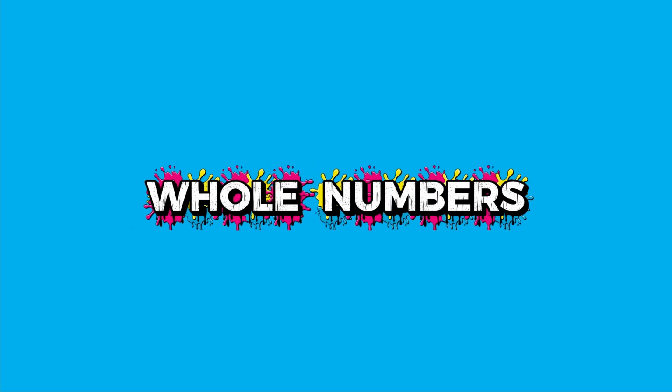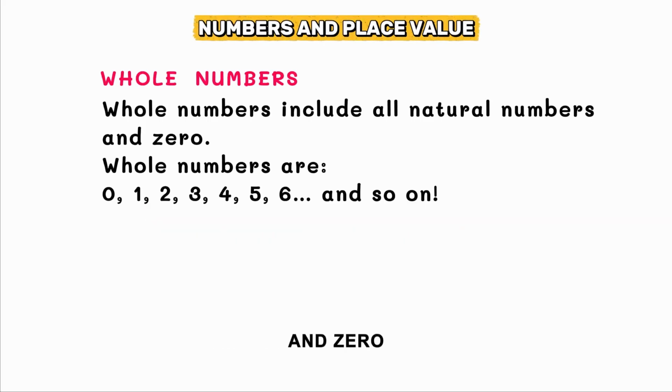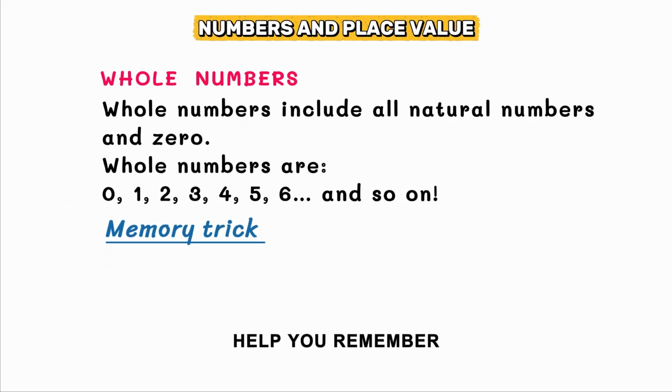Whole numbers. Whole numbers include all natural numbers and 0. Whole numbers are 0, 1, 2, 3, 4, 5, 6, and so on. Here is a memory trick to help you remember.